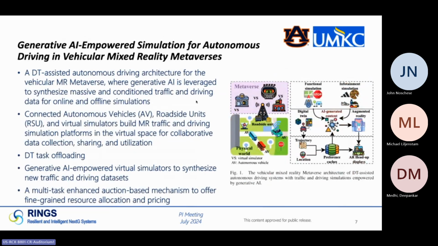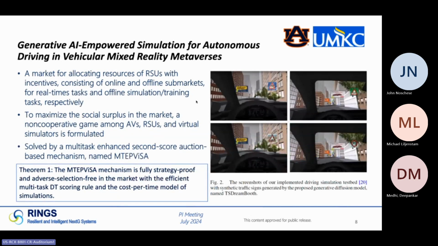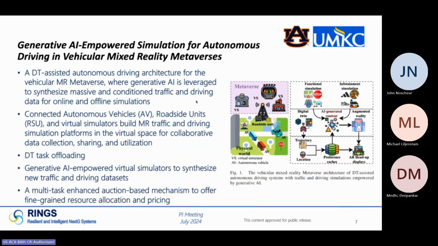Okay. The second piece is more like a networking part kind of results. So we consider a metaverse, a mixed reality metaverse for vehicular, for autonomous driving. So we have a metaverse, the virtual world, and we have the real world.